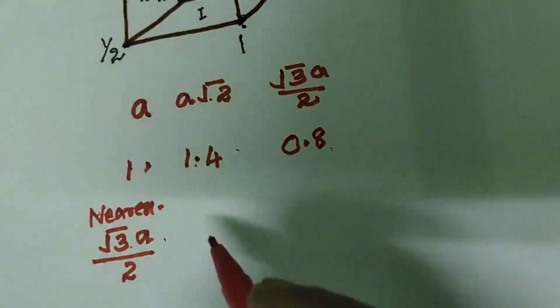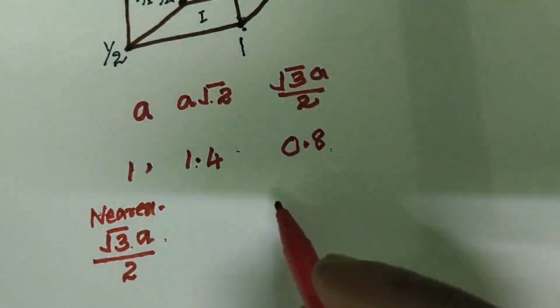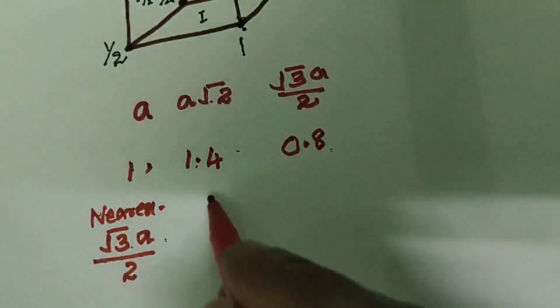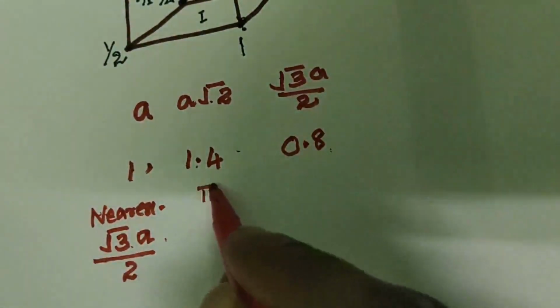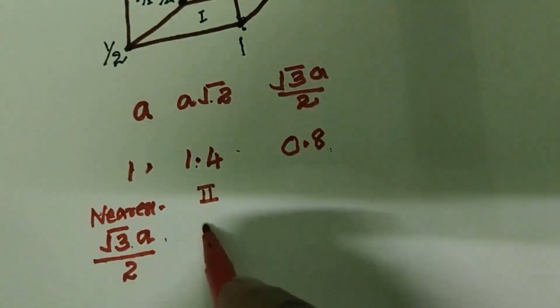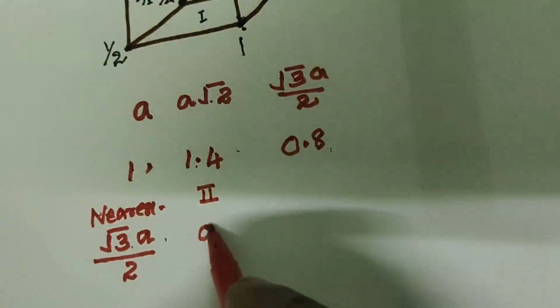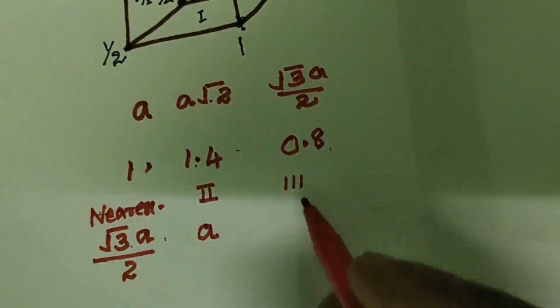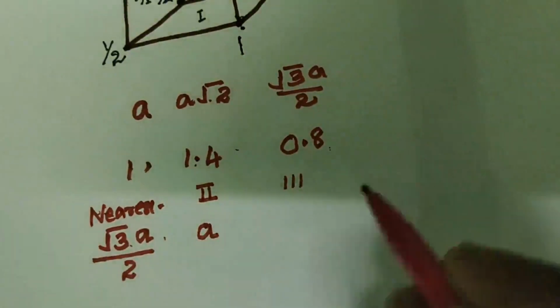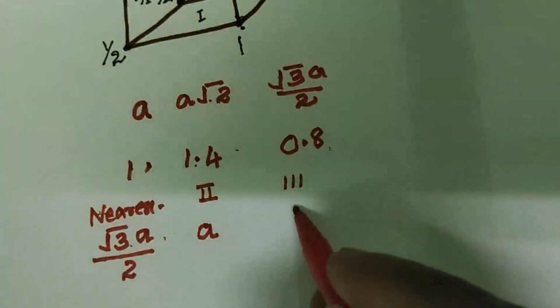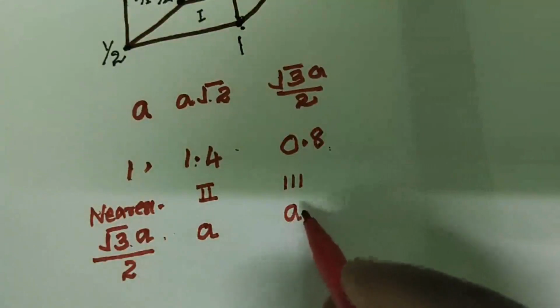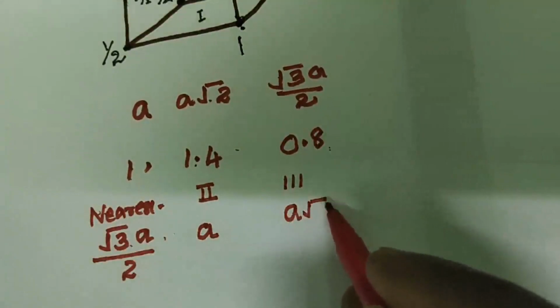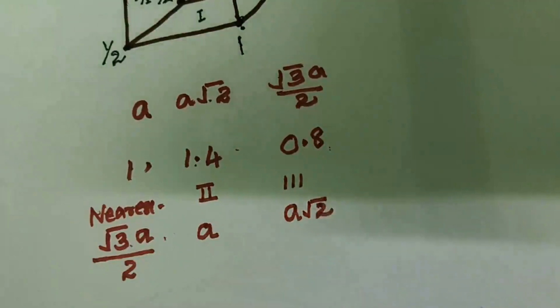Then the second nearest or next nearest is a. Then the third nearest, or next to next nearest, is a root 2.